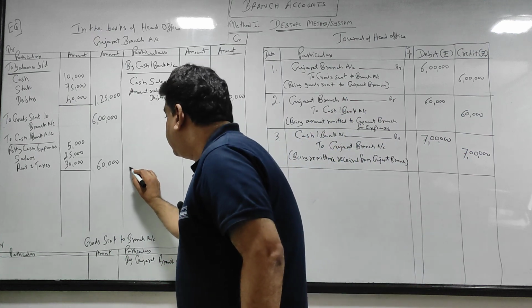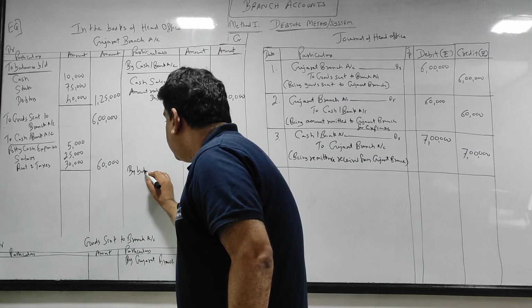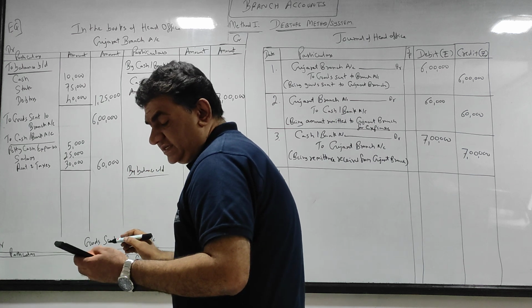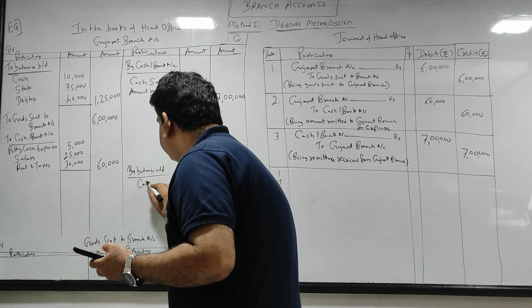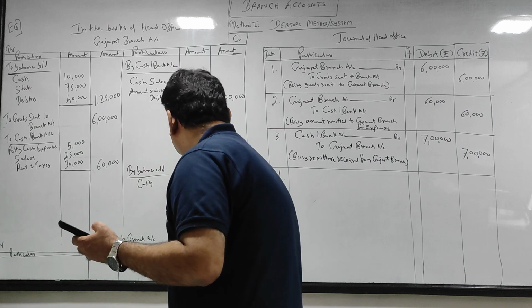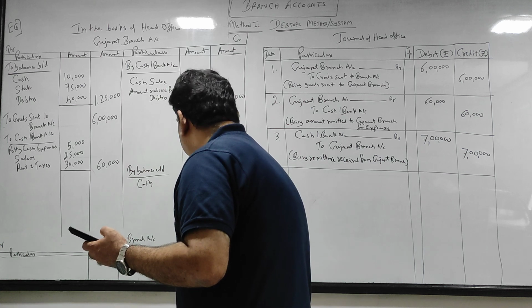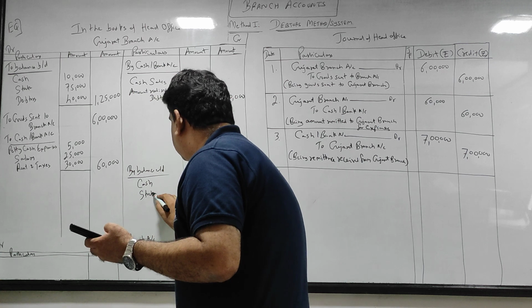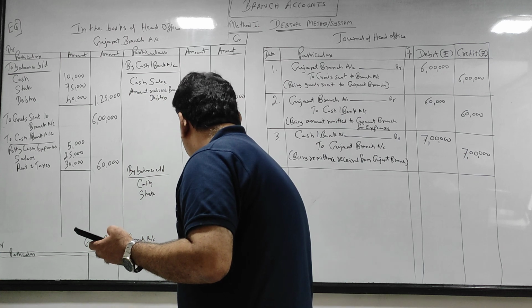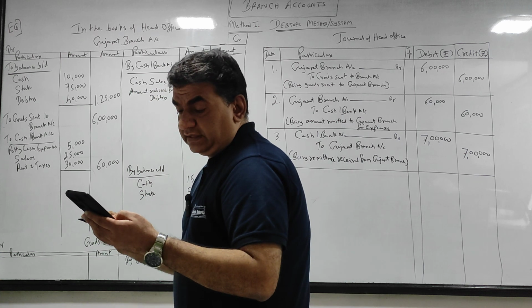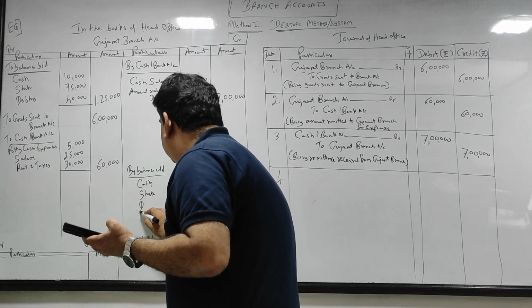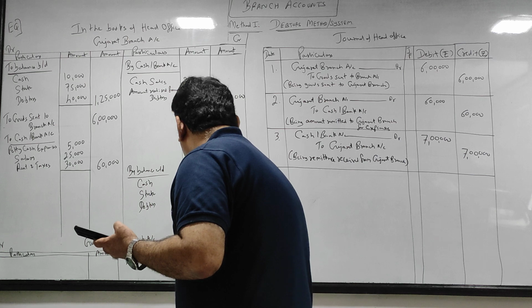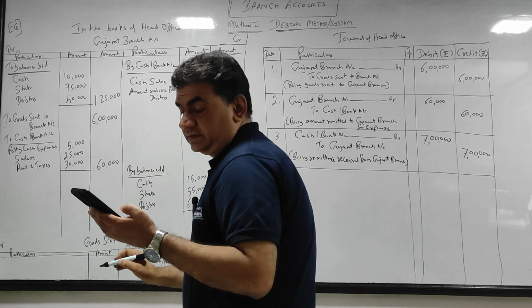थोड़ा नीचे आना. By balance carried down, all the three assets are there. Cash 15,000, stock 55,000, and debtors 60,000.